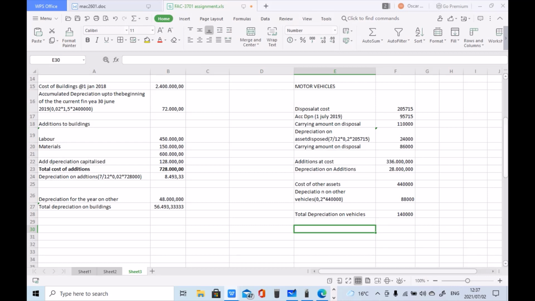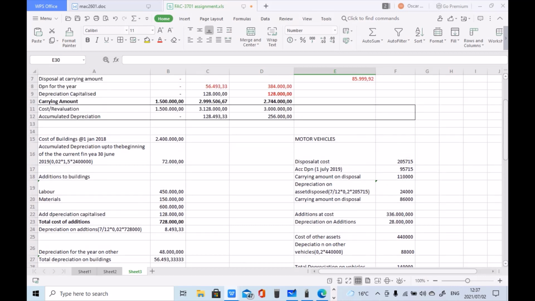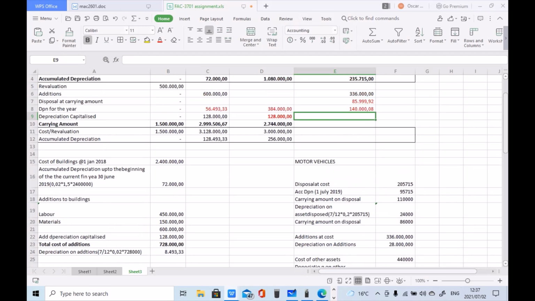So the total is 140,000. So you're going to take that in. Depreciation for the year is going to be equal to 140,000. Okay, from there, there's no depreciation capitalized on vehicles, so you just put a 0, and then you calculate your carrying amount at the end.